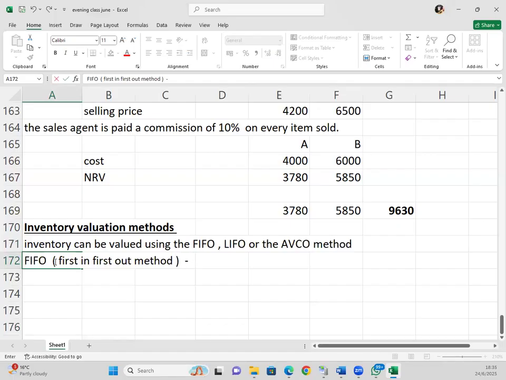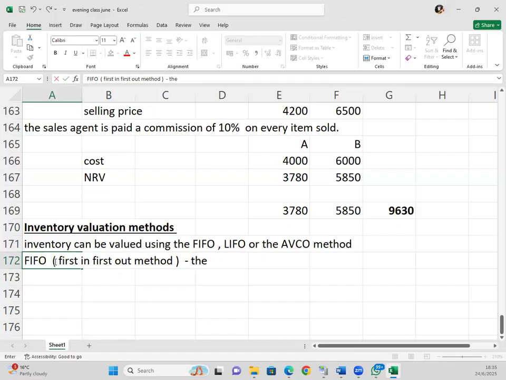The assumption behind FIFO is that when we sell inventory, we start with the goods that came in first. So the goods that came in first are the first to be sold. That is the assumption under FIFO.